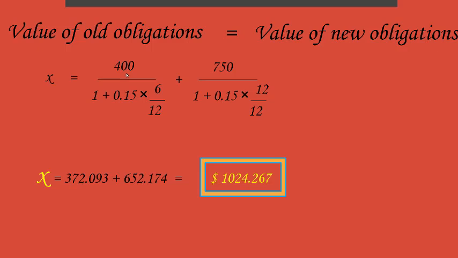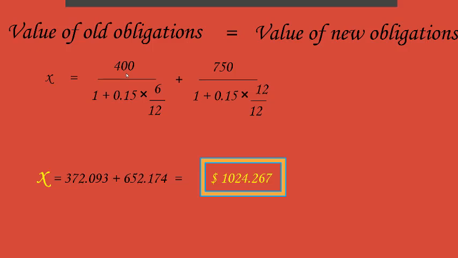Plus, for the second old obligation, 750, we will also get the present value. We will substitute for S with 750 and for R with 15% and for T with 1 year.